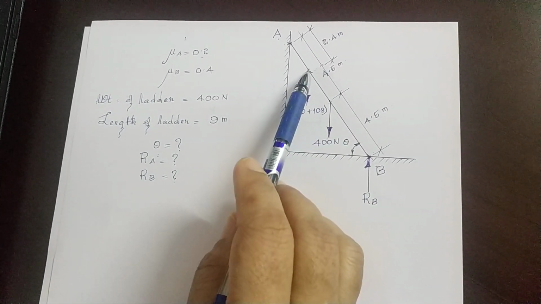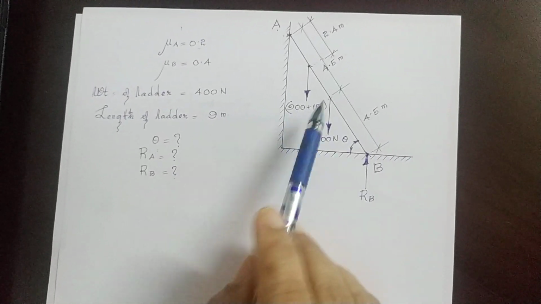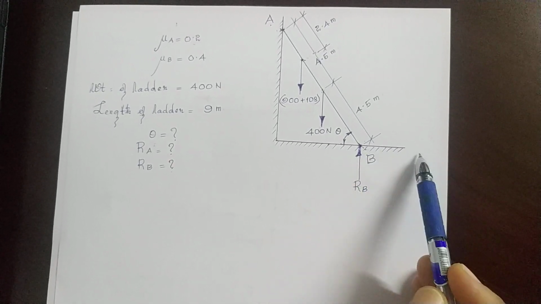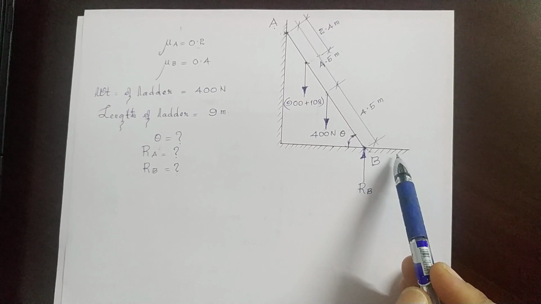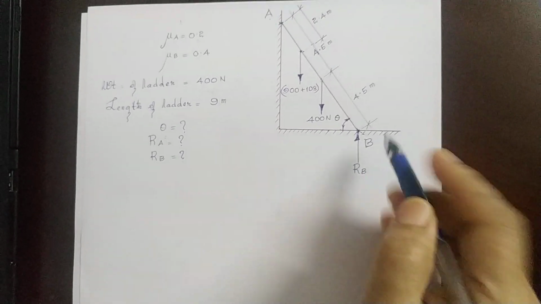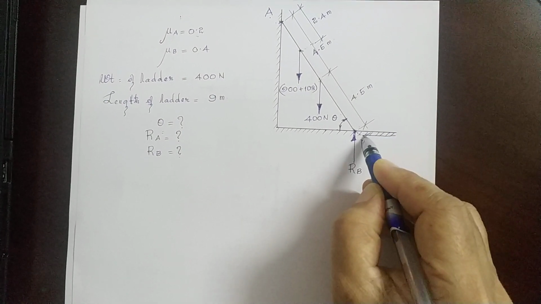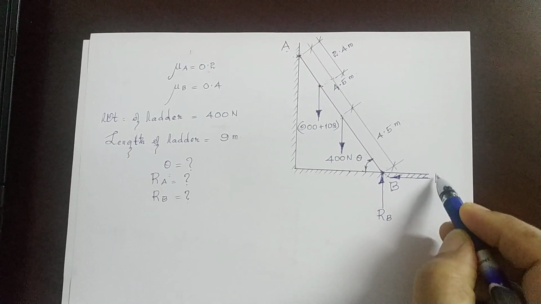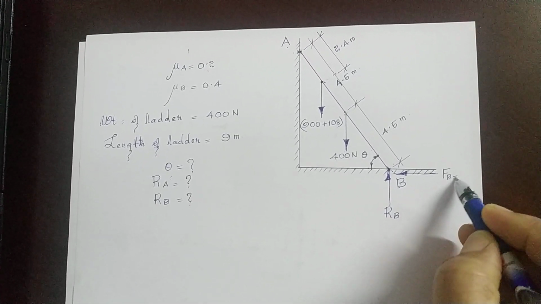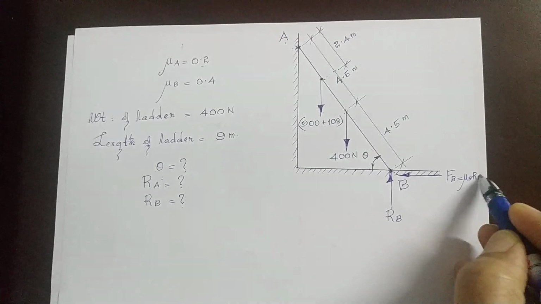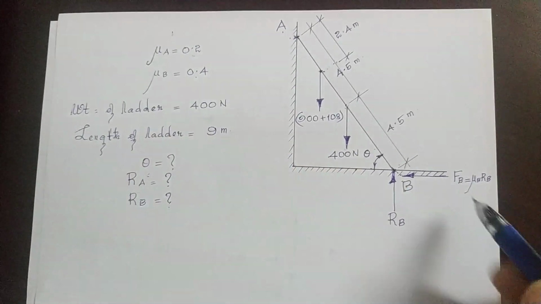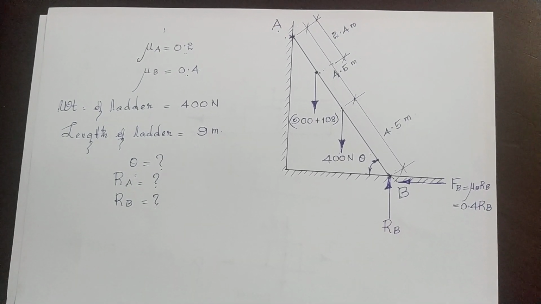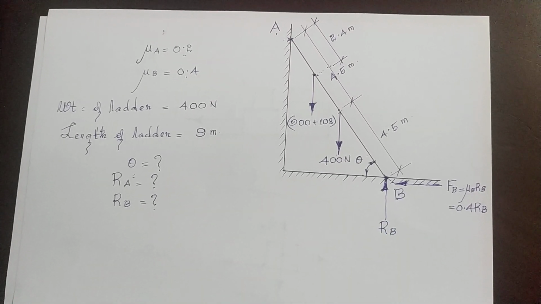Now, when the man stands here, the tendency of the ladder is to slip towards the right, which means that the friction is acting towards the left. Friction is always acting along the surface of contact, along the plane, opposite to the direction in which the body tends to move. So FB is equal to mu B RB, or FB is equal to 0.4 RB. So these are the two forces acting at the point B.